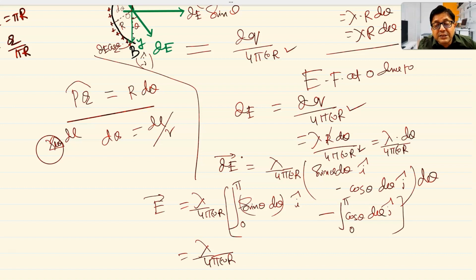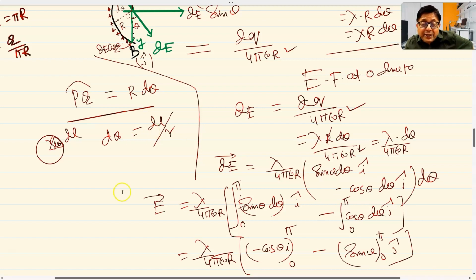How much is this? The integration of sin theta is minus cos theta, you know. This minus sin theta j cap, 0 to pi.